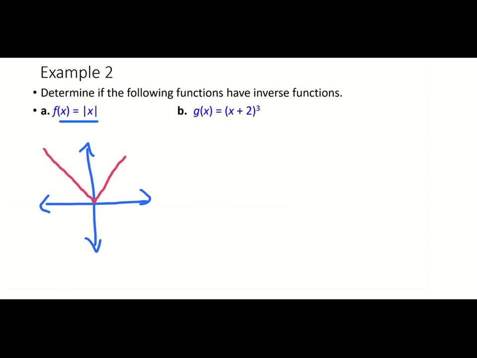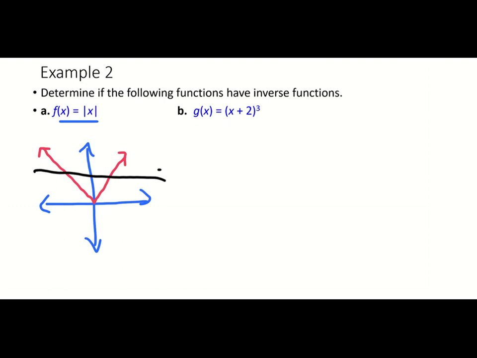All right, so in order for our function, which passes the vertical line test, to have an inverse that is also a function, it would have to pass the horizontal line test. So if I draw a horizontal line so you can see it, notice it's touching more than one part of the graph at one time.